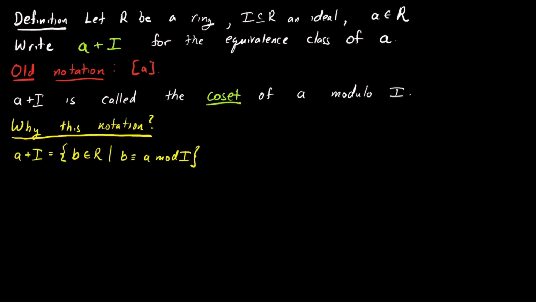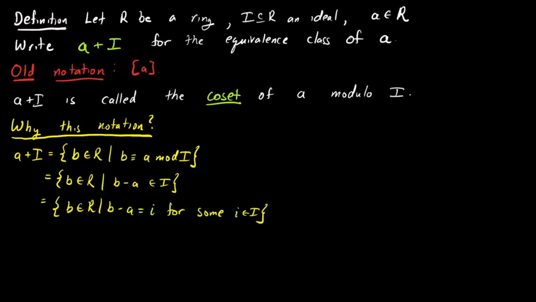So let's begin. Why this notation? Well, let's start from the beginning. The equivalence class of A is all of the B in R such that B is congruent to A mod I. Okay, so let's unpack this a little bit. This is all the B in R such that B minus A is an element of I. Well, what does that mean?